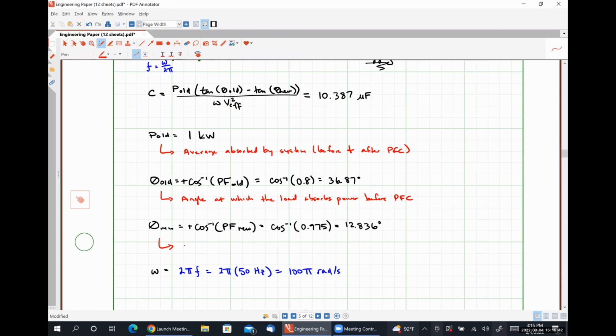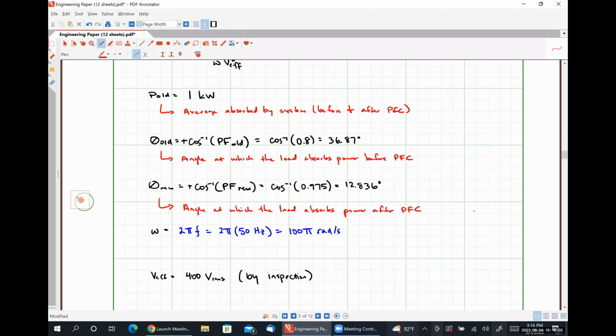Theta new is just the angle at which the load absorbs power after power factor correction. Omega is just 2 times pi times the linear frequency, which we've talked about before.